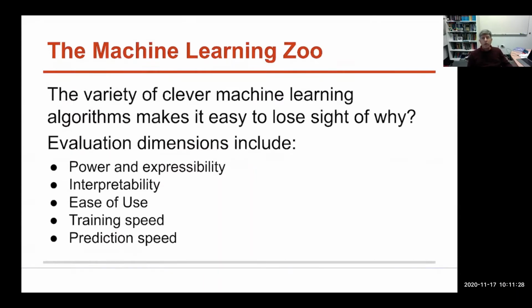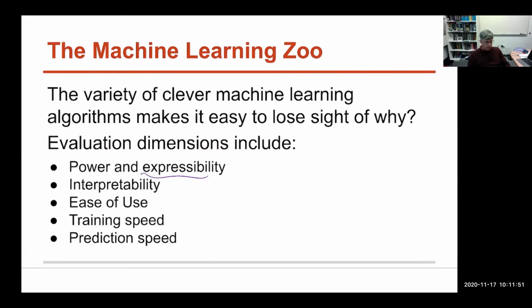I think the important question is to know why there are different machine learning methods. Part of it is that there's just a bunch of clever ideas that can be applied. But the methods presumably differ in certain things. They differ in how expressible they are, how complicated a model you can build with them.